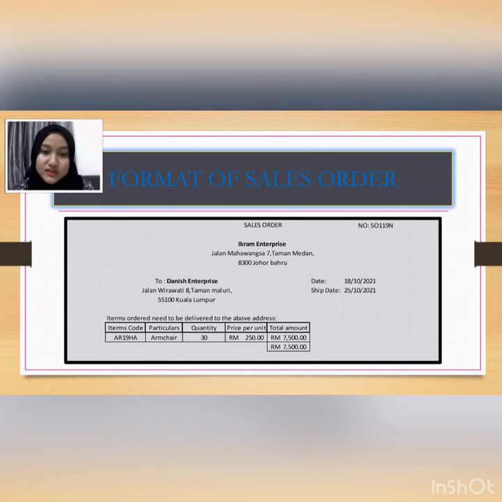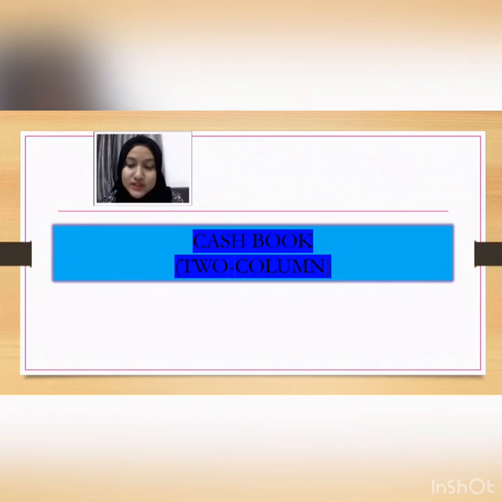The particulars in here is armchair because Ikram Enterprise buys armchair from Danish Enterprise. So the quantity is 30, price per unit is 250 ringgit, so the total amount is 7,500 ringgit.